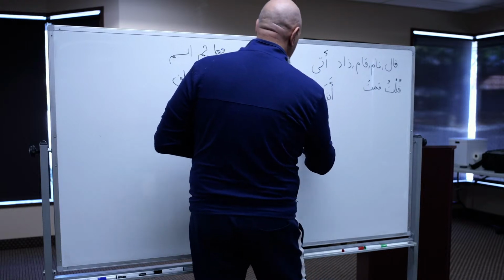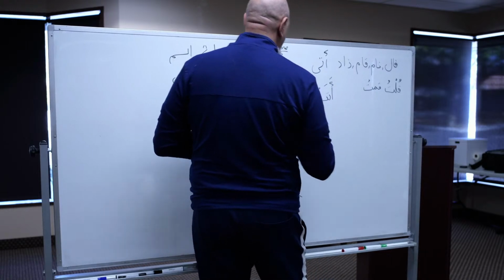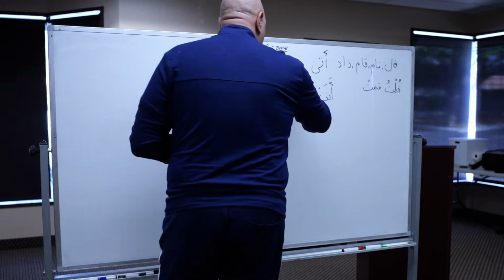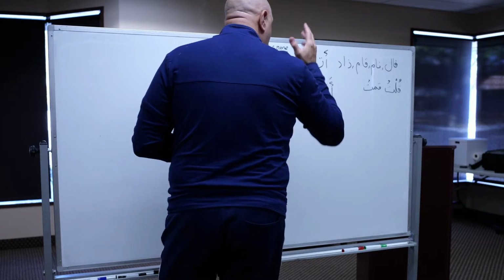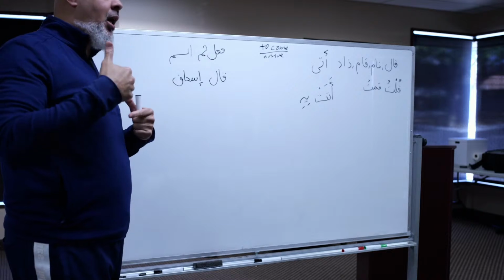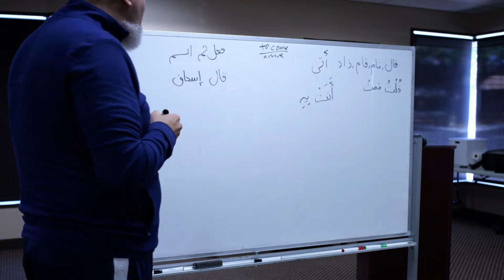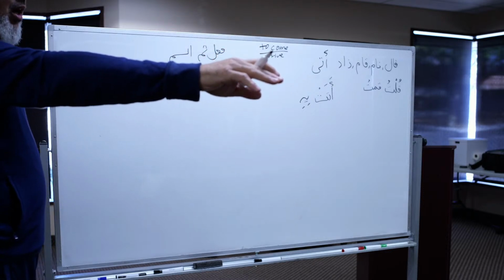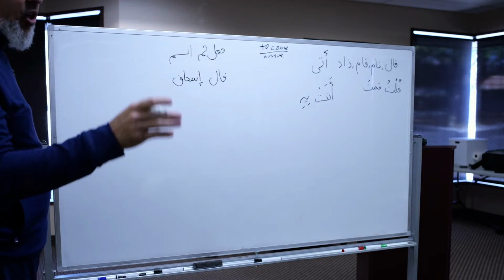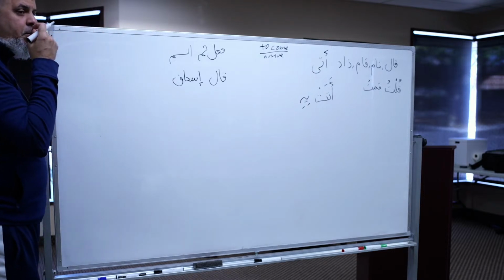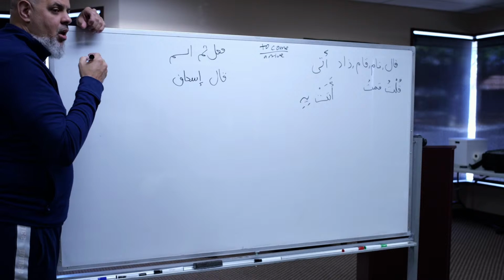So we got something in the middle here, right? Bihi. We said this means to come. Literally it means it came, she came, right? Something feminine came. But what comes after bihi? What are the two things that come after it?